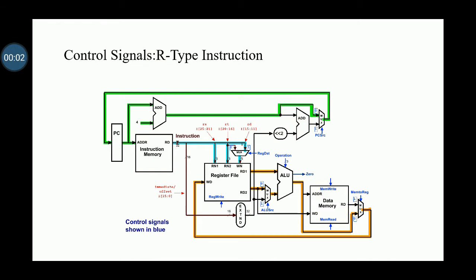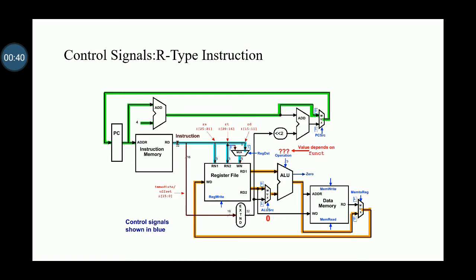This figure shows the setting of the control lines that is completely determined by the opcode fields of the instruction. This is relevant to the previous tabulation shared in the previous slide. The R-type instruction requires 3 registers: 2 registers that read the data and 1 that provides the register number to be written. ALUSrc is set to 0 here.